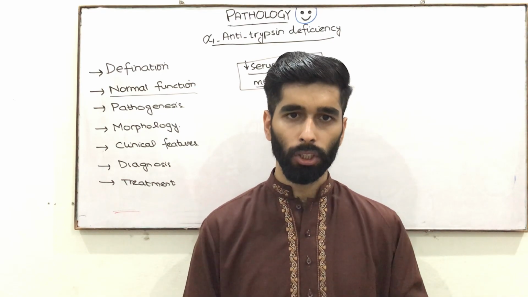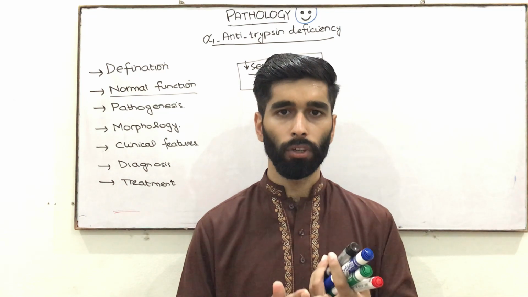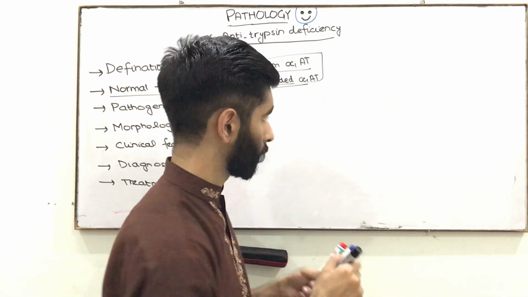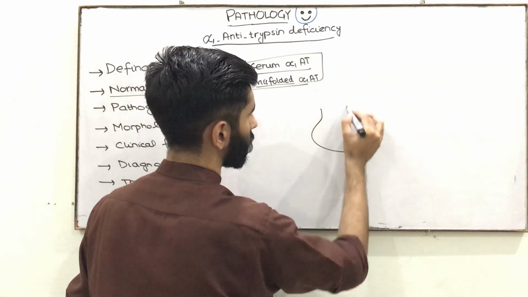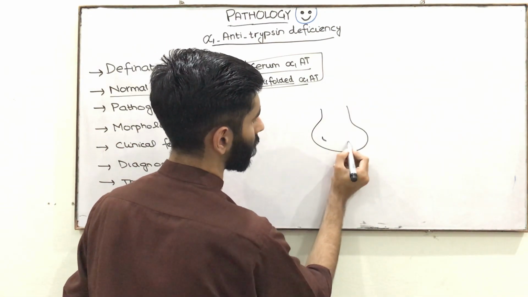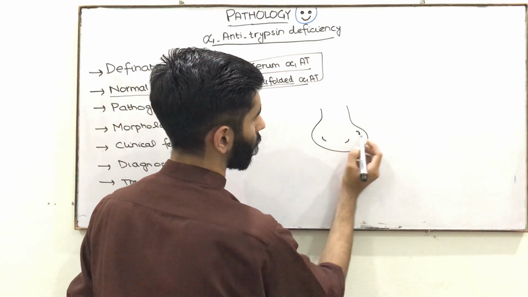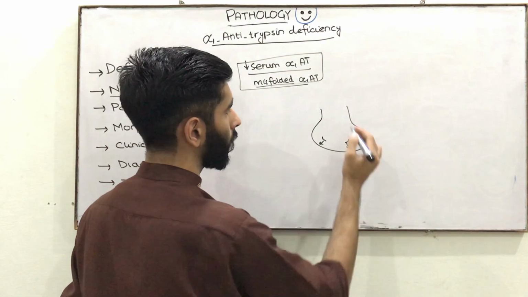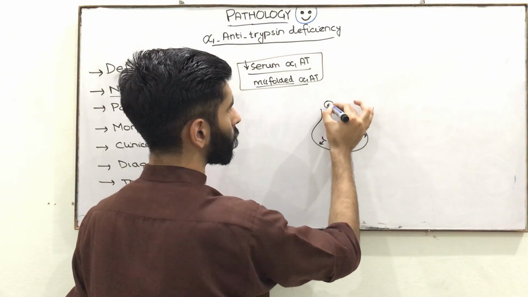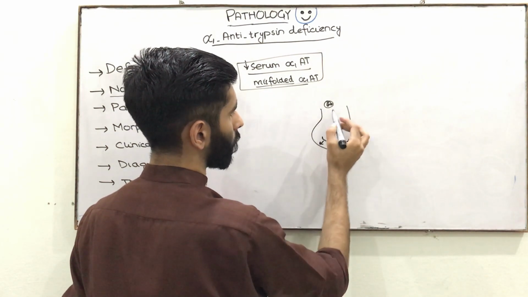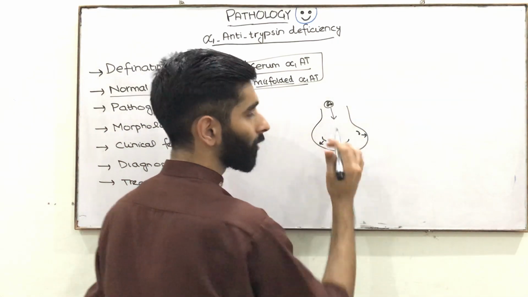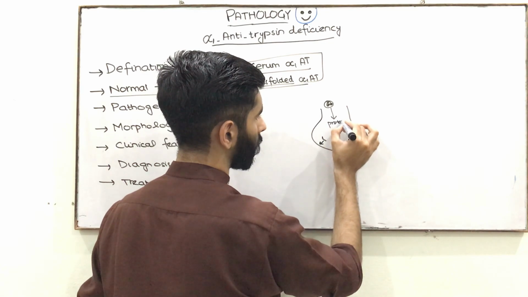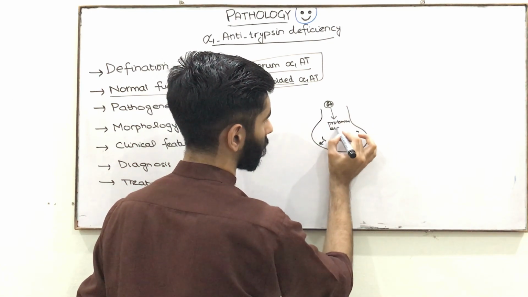Whenever there is inflammation or infection of the alveolar wall, just imagine there are infectious agents causing the inflammation of this alveolar wall, then there will be infiltration of neutrophils. Neutrophils release various types of enzymes and cytokines, one of which is a proteinase, elastase.